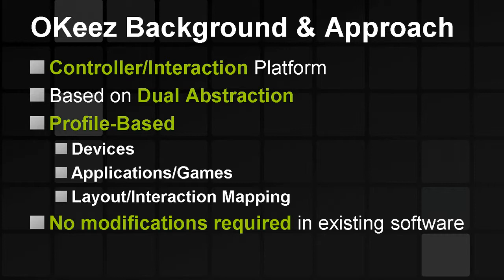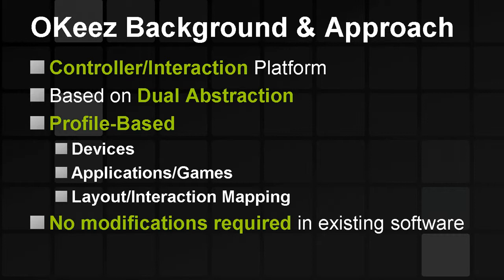So we will define device profiles, we will define profiles for the applications and or games that we want to control using this principle, and the underlying principle for making this easy for the end user to actually implement this is based on visual layouts and interaction mapping.